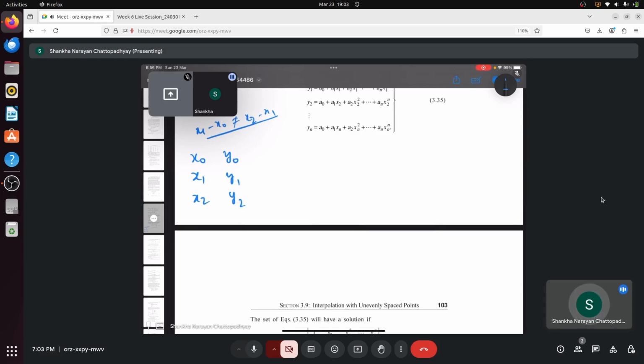One of the advantages of Lagrange's interpolation formula is that if you have the y value given, you can determine the corresponding x value also. That is called inverse interpolation. You can use Lagrange's method to do that also.